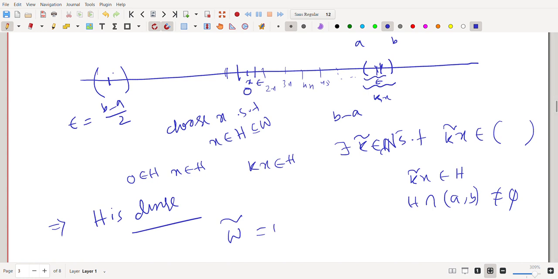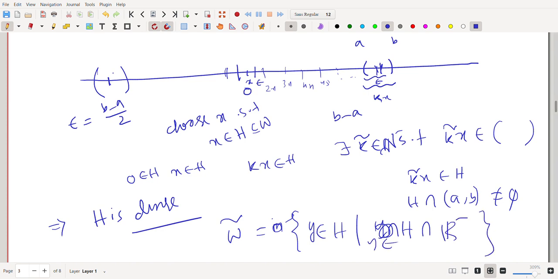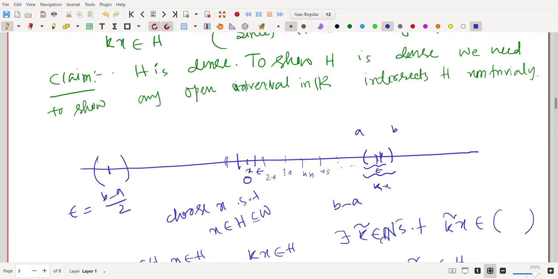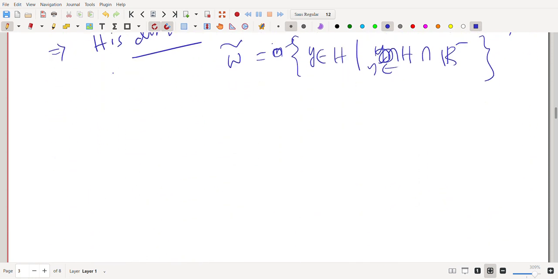You can again consider some W tilde, which is the set of all y belonging to H that are negative, and we can argue the same thing, which is completely the same. So that is in the subgroup, which means it is symmetric about zero. I can visualize it, right? That is symmetric around zero. So that's what I can do. So in this case, H is dense. So think completely geometrically. Think everything geometrically.